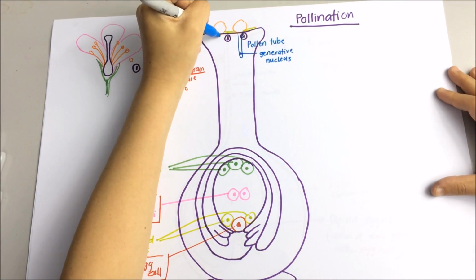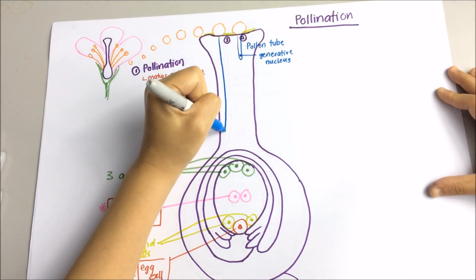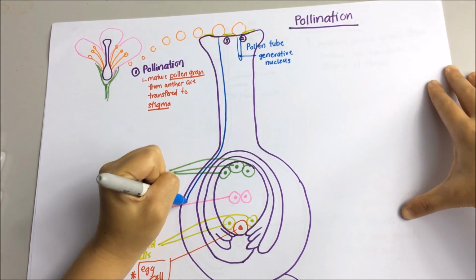This pollen tube will grow through the style into the ovule.